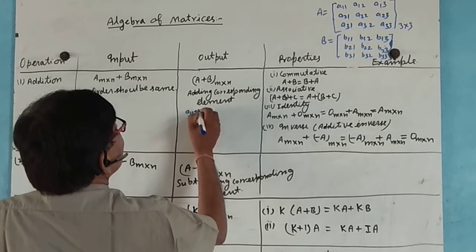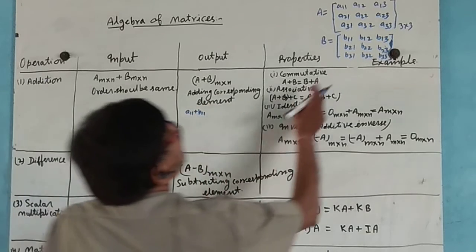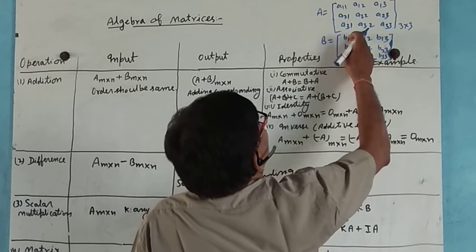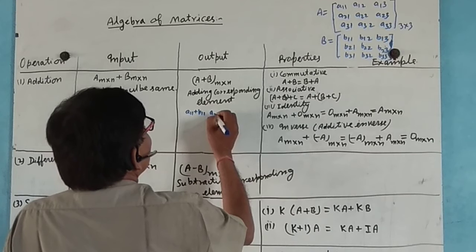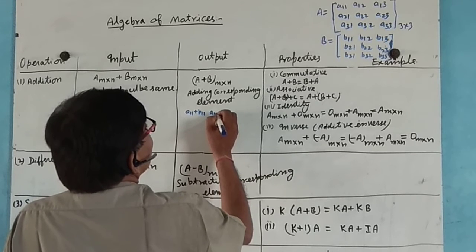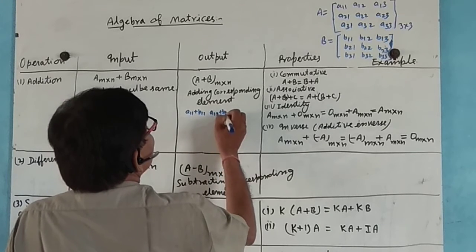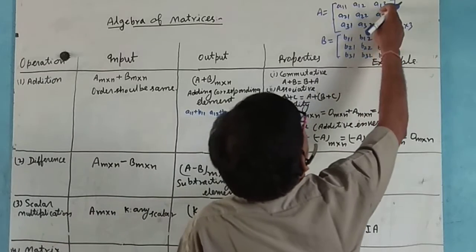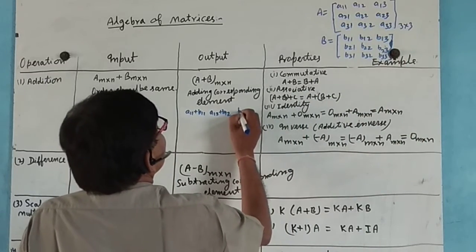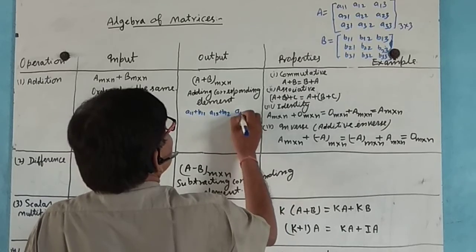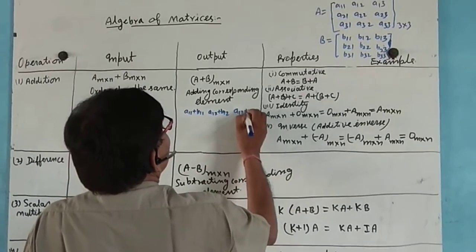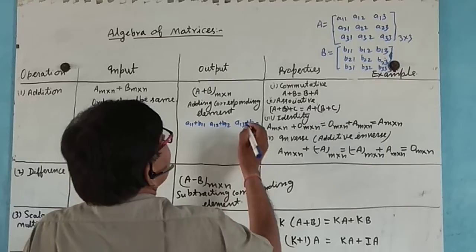This can be written as A11 plus B11, A12 plus B12, A13 plus B13.